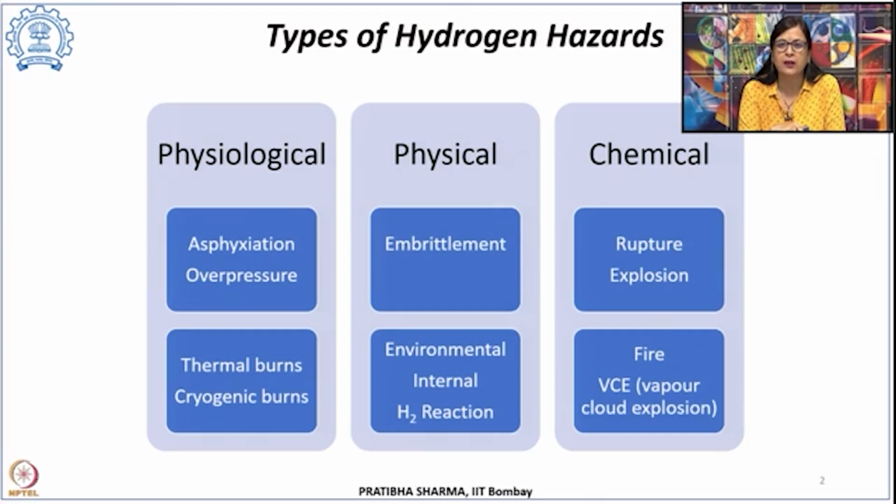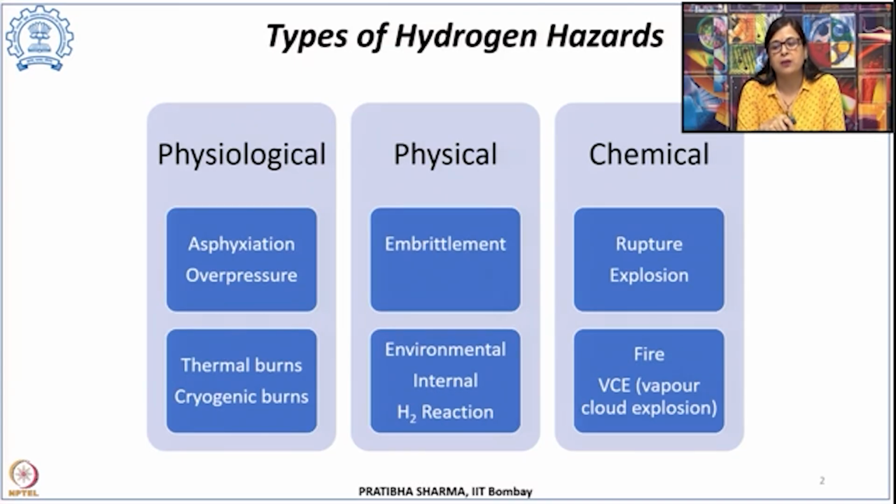There could be physical hazards which are primarily because of embrittlement. Now we have already seen embrittlement, the change in the mechanical properties that can lead to failure, rupture or leakage from the different materials. There are different types of embrittlement, we will see that in more detail.